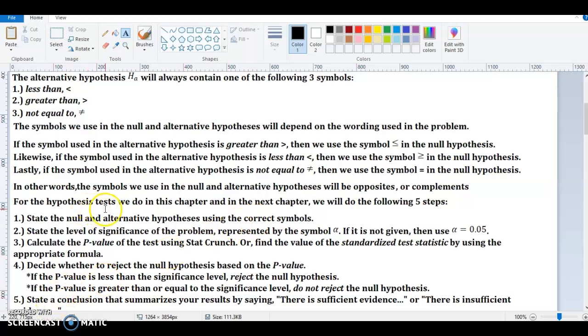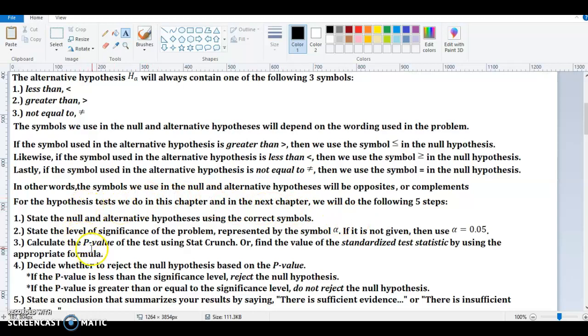For the hypothesis tests we do in this chapter and in the next chapter, we will do the following 5 steps. In step 1, we're going to state the null and alternative hypotheses by using the correct symbols. In step 2, we're going to state the level of significance of the problem, represented by the symbol alpha, the Greek letter alpha. If the level of significance is not given, we're going to use alpha equal to 0.05.